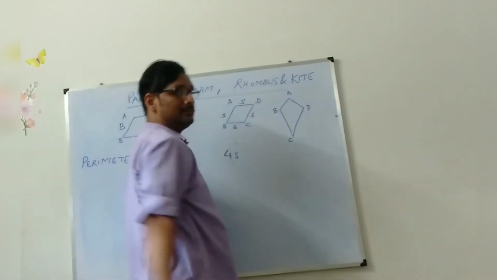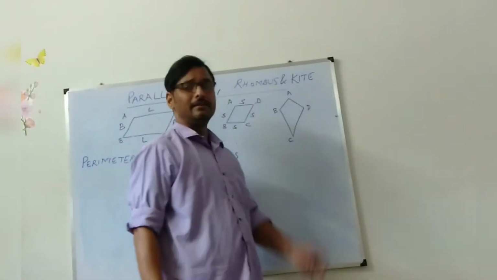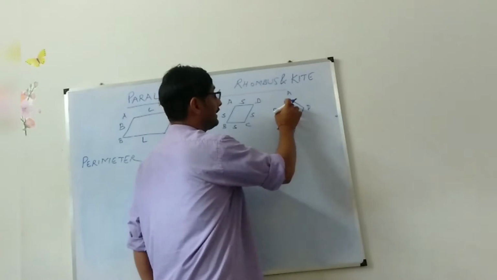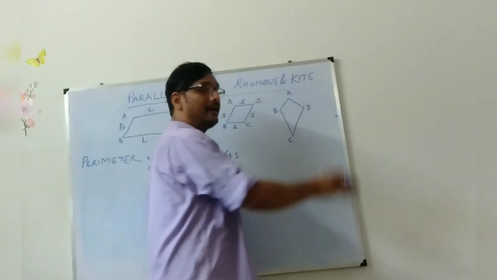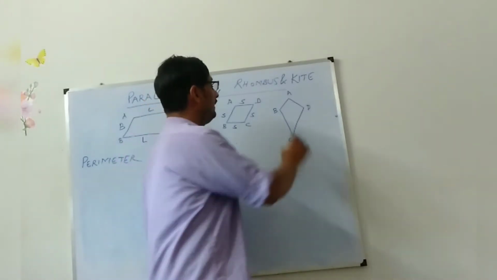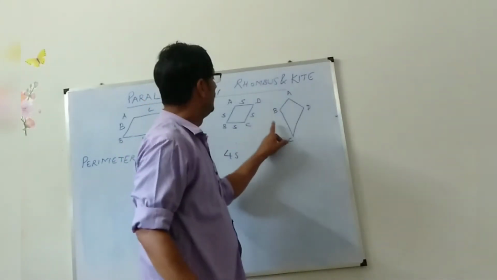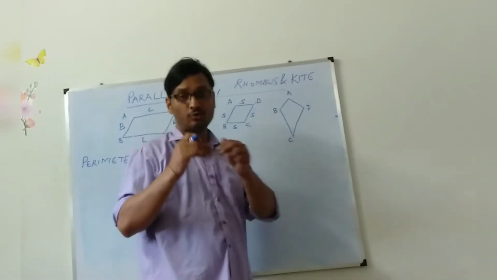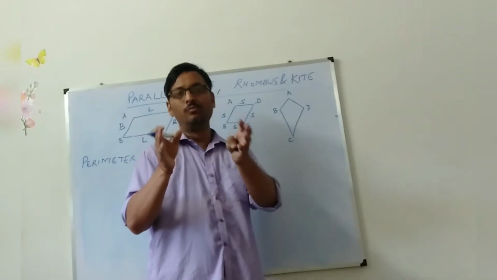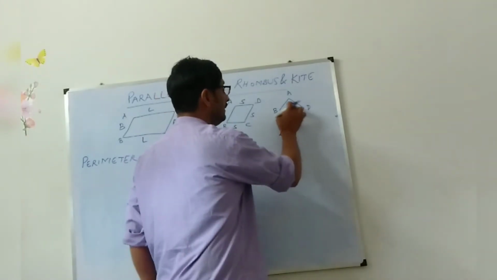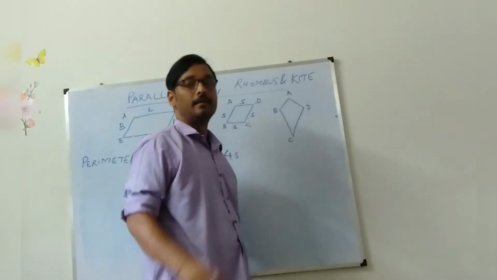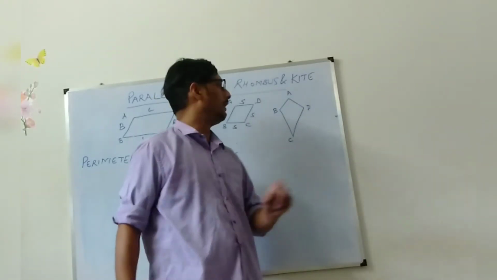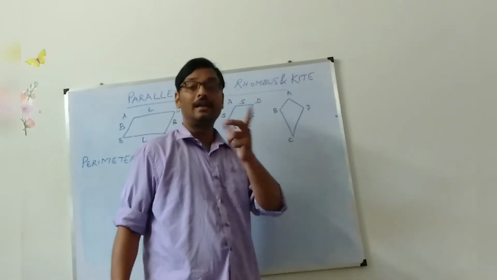Now come to the kite. A kite looks like this. A kite is a quadrilateral whose both pairs of sides are equal. How many pairs are there? This is one pair and this is another pair. Pair means joda, two make one pair. These two are equal, and these two make another pair, so both pairs are equal.